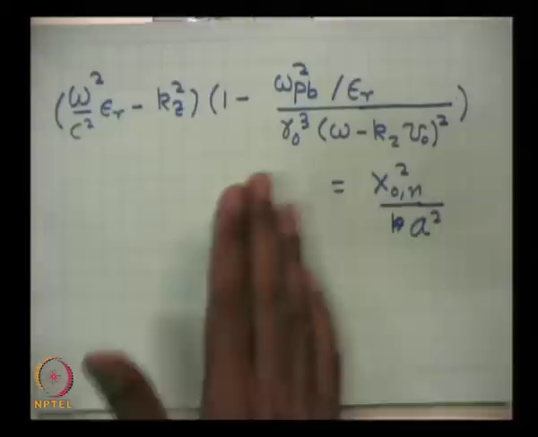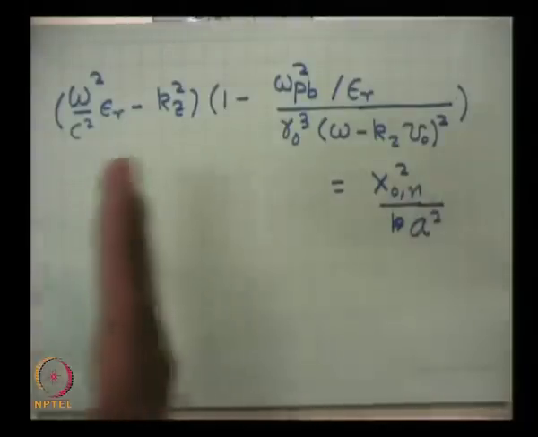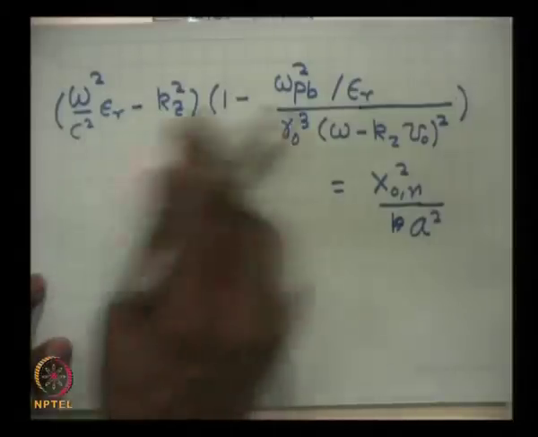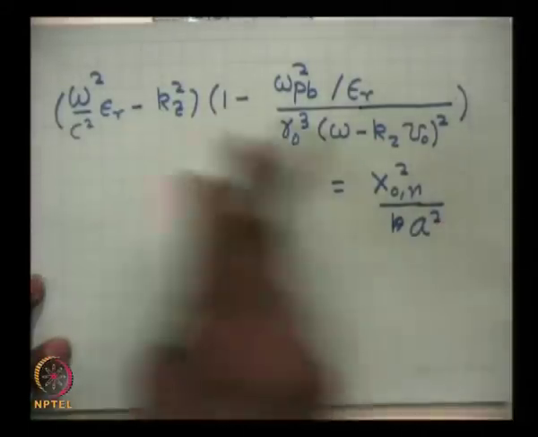So I would like to take the beam term on the right hand side and non-beam terms on the left hand side. Retain this into 1 and bring this on the left hand side.